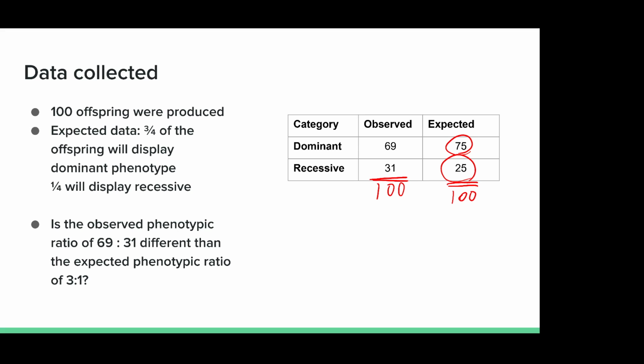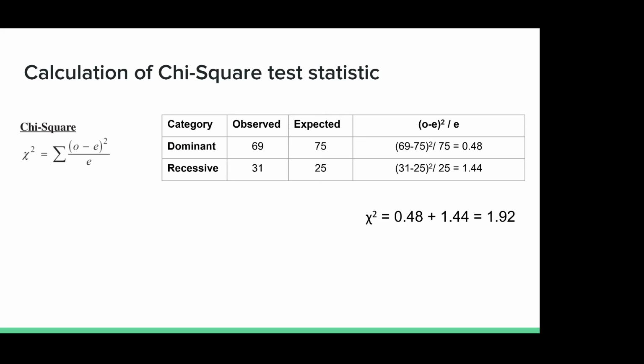If it is significantly different than the expected ratio, then we will reject the null hypothesis, which will suggest to us that something else is happening. Mendelian inheritance patterns are not governing that monohybrid cross. So let's go into that.